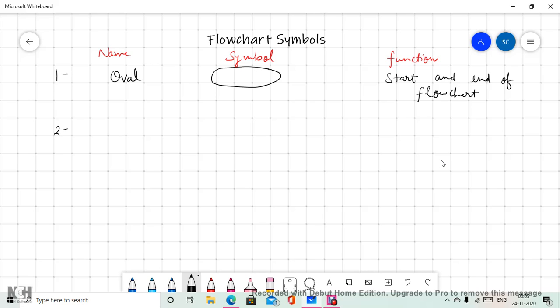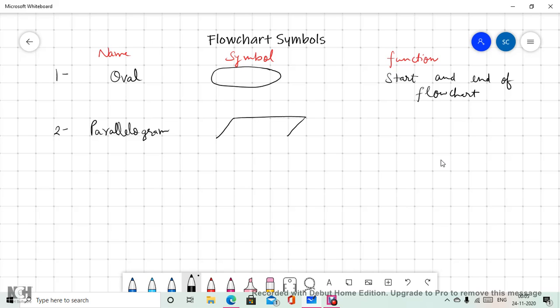The next symbol is, you must have studied in mathematics, parallelogram. Okay, I made a mistake. It's double L-E, parallelogram. Okay, how do we draw it? Like this.